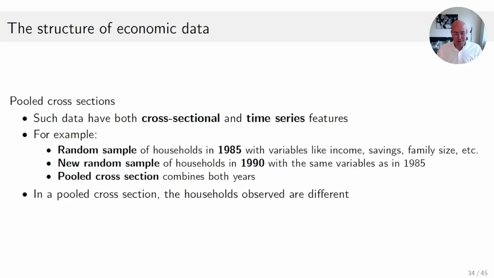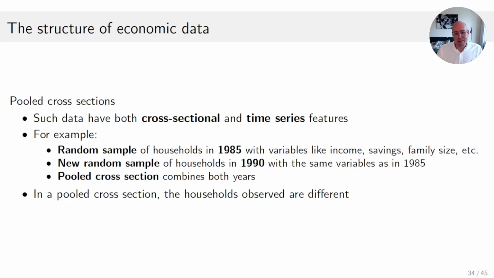Third possible structure is pooled cross sections. So now we have seen cross-sectional data, we have seen time series data, and pooled cross-sections have both dimensions, right? So they have both cross-sectional and time series features.